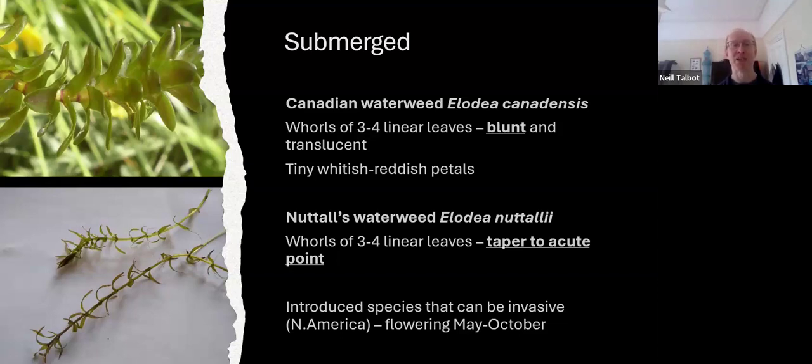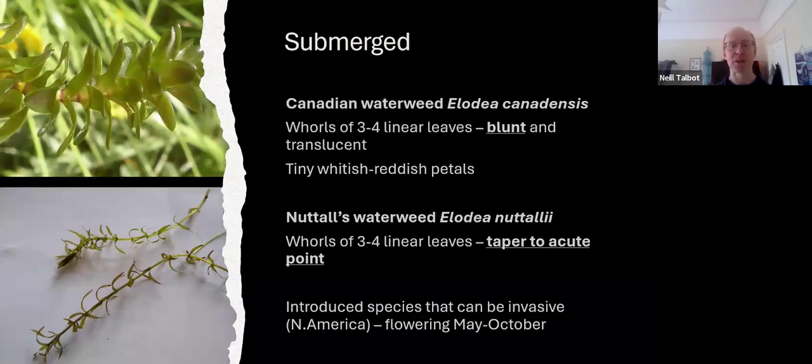So submerged species, there's quite a few of these, but I thought I'd just highlight two non-native or introduced species that you quite often will see in ponds. So you've got Canadian waterweed or Nuttall's waterweed, and the genus for these is Elodea. They're both fairly invasive, and they're from North America.